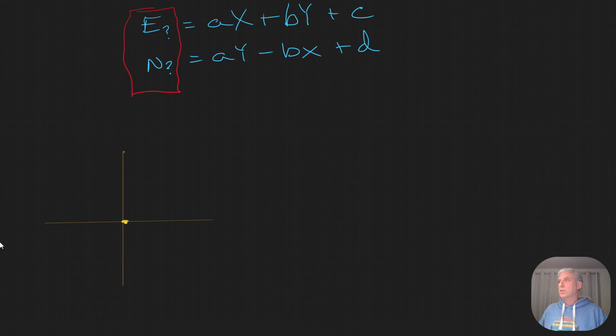So this would be our centroid, and let's make this our y-axis, and this is our x-axis. So for our new axis, remember we do 1 rotation, 2 translations. So we would rotate through some angle theta.